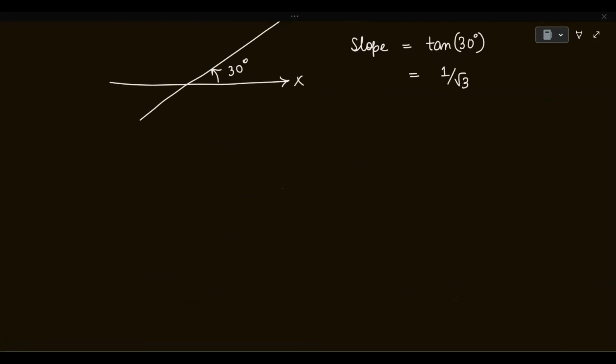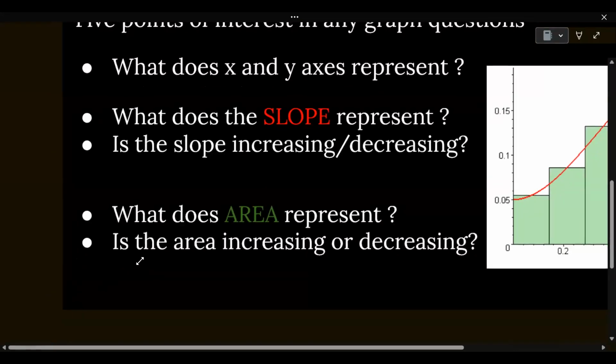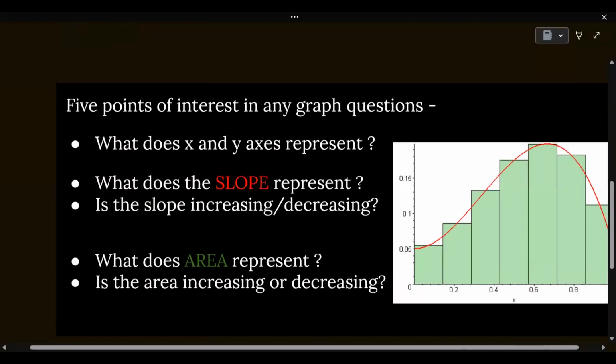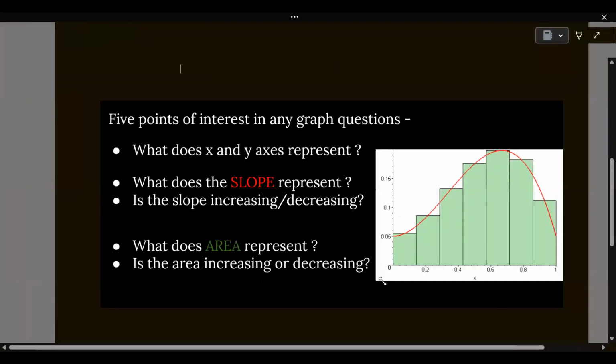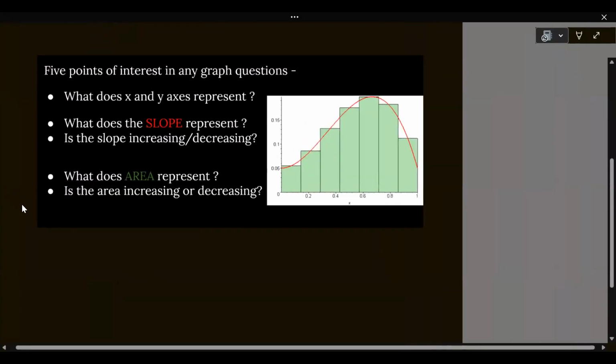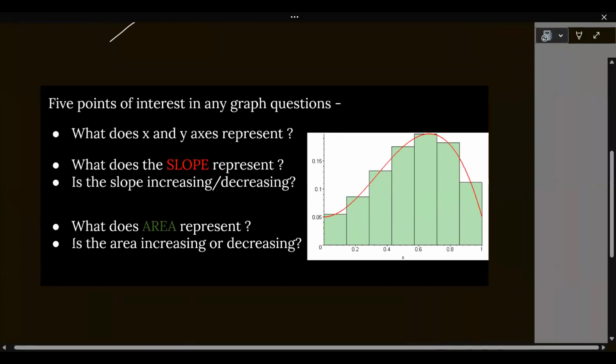I need you to write these down. I'm going to show it on the board here. Every time you face a graph related question, these are the 5 questions that you need to ask yourself. And then I'll tell you how to solve the question. But first I need you to write down all the 5 points.